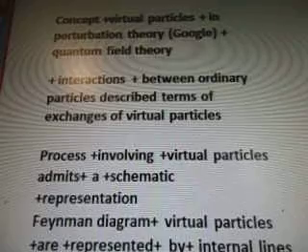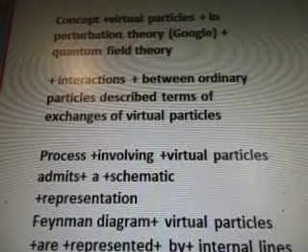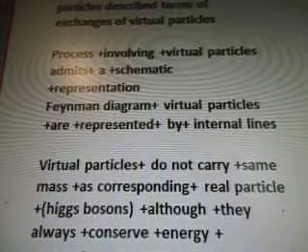Interactions between ordinary particles described in terms of exchange of virtual particles. Process involving virtual particles admits a schematic representation of the Feynman diagram. Virtual particles are represented by internal lines. Virtual particles do not carry the same mass as the corresponding real particle. So I put down Higgs bosons, although they always conserve energy and momentum.